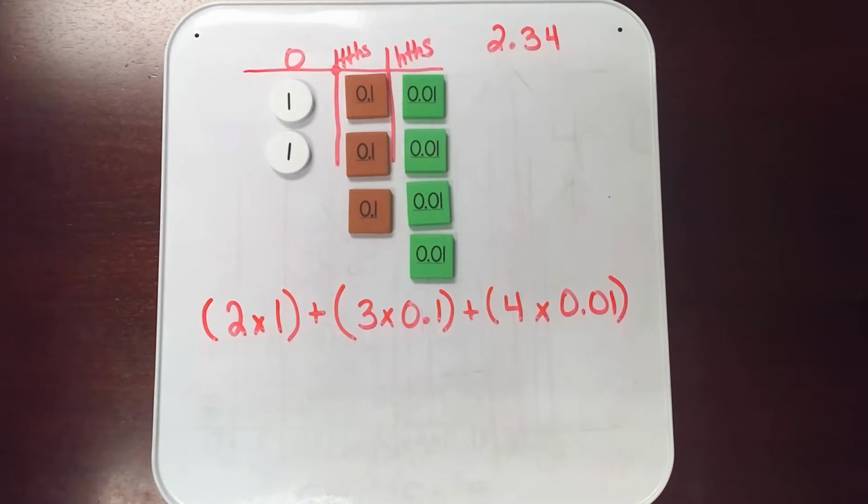Okay, so just like we did with whole numbers, we're just going to extend that same idea to do expanded notation of decimals. All right, so the last thing that we're going to talk about with decimals, and the only thing that's really new with decimals that we didn't do with whole numbers before, is looking at number lines.